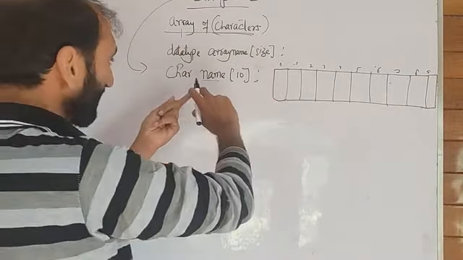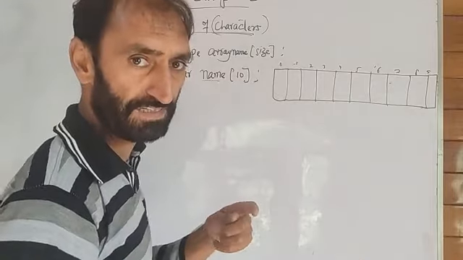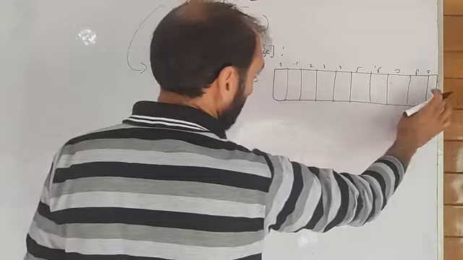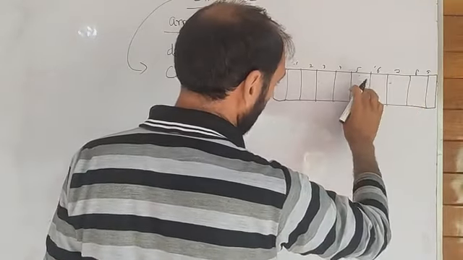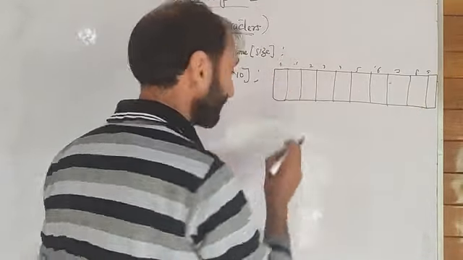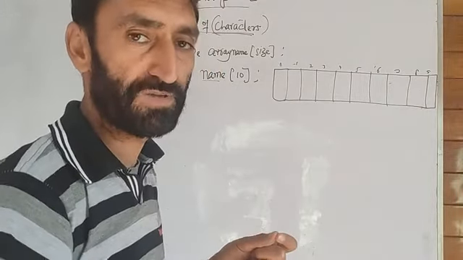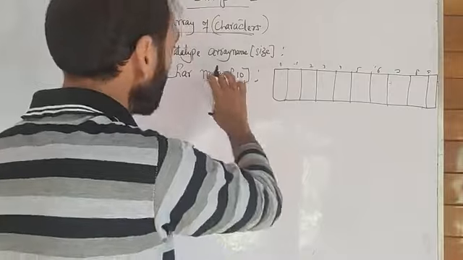With this declaration, the compiler, the memory manager, will provide us the space for this string of 10 bytes. 10 bytes of the memory will be allocated by the memory manager for this string.